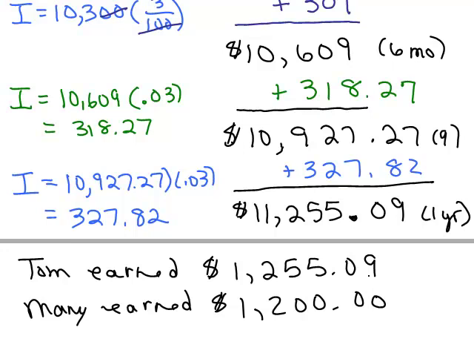Now you can imagine if you're talking with really huge numbers, it gets bigger and bigger, right? So like if they each invested $1 million, wow, big difference. And also if you compound, the more often you compound, the more money you will make. All right, so that's an example of how you can use the simple interest formula in order to figure out compound interest, but it can get very tedious.